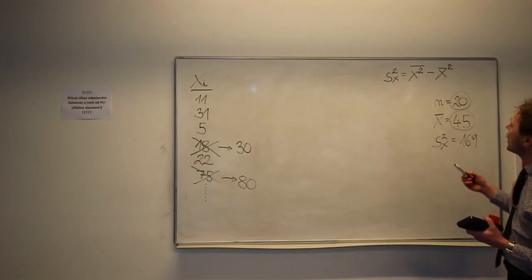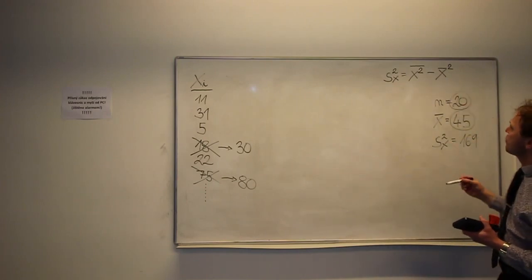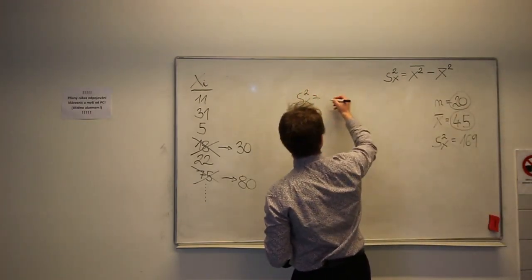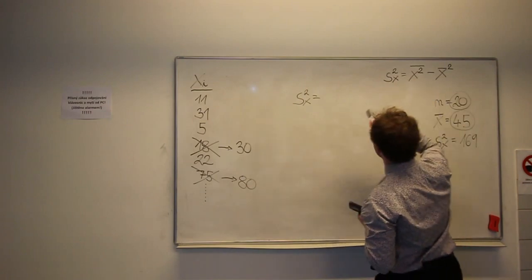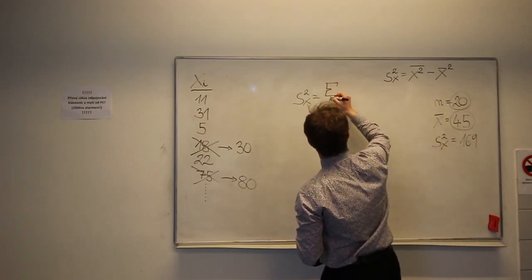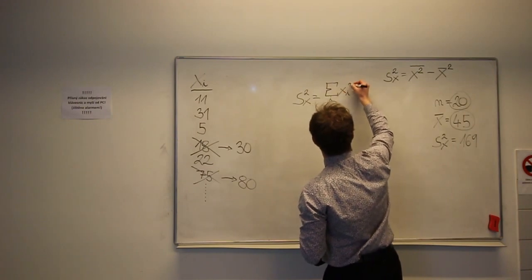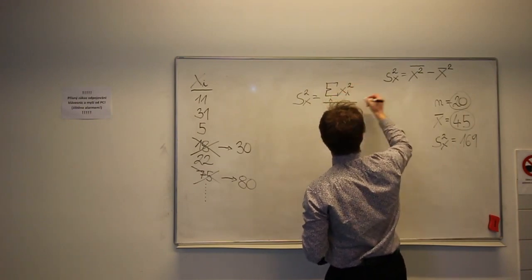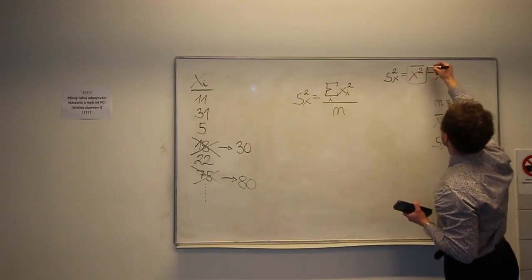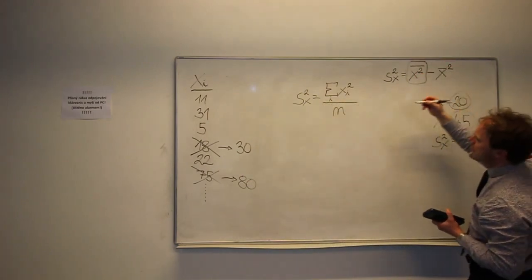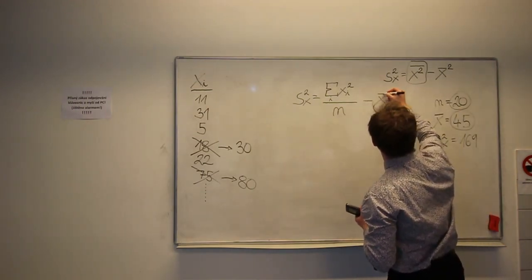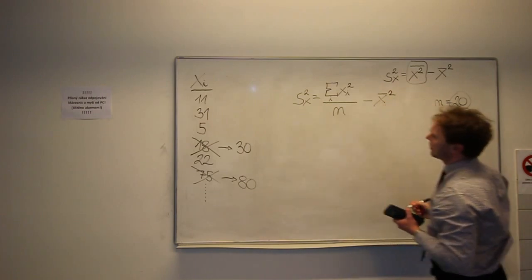Okay, so I will rewrite this like s x squared is equal to the summation through all i of x i squared divided by n, so this is the first part, minus x with stripe squared.